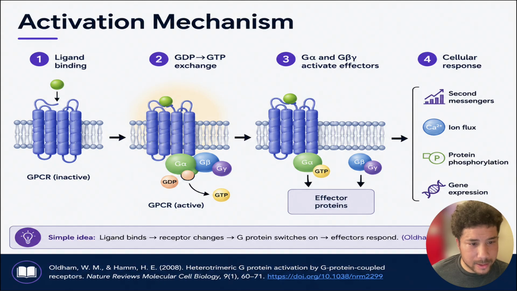In step 3, the G alpha GTP becomes functionally activated and changes its interaction with the beta gamma complex. Many introductory diagrams will show the G alpha complex separating from G beta gamma.